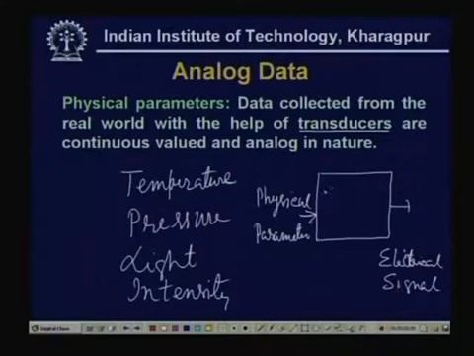So this is your transducer, and the transducer produces here an analog signal, which is an electrical signal, also analog in nature usually. That means we get continuous values of the electrical signal corresponding to the physical parameter on this side. It can be for any one of the parameters that I have mentioned. So these are the examples of analog data.